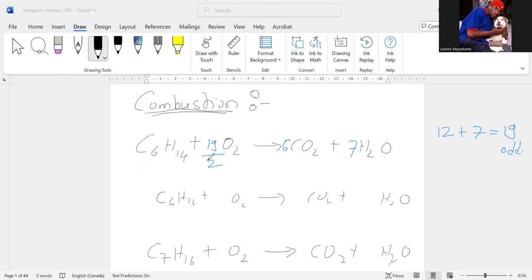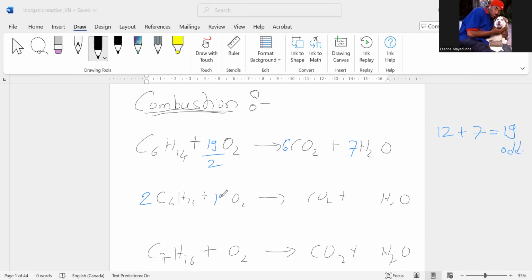Does that make sense? You can use a fraction number in order to balance. I'm using it, but I'll not retain it as it is. Now in the next step, I'll multiply this by 2.